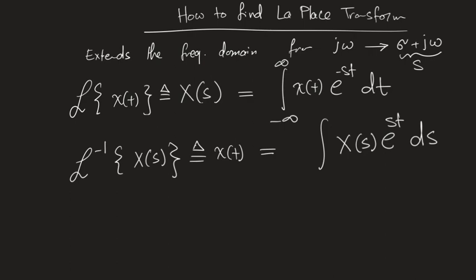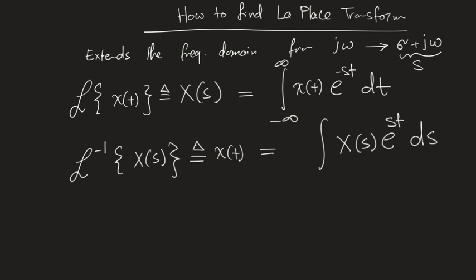Now the problem is our integration variable for the first time here is a complex number. All the integrations that we did for the Fourier, and even the integration that we did here for the Laplace calculation, we were integrating with respect to either t or omega, and all of these are real values, right? Now for the first time, we are integrating with respect to a complex s, which has a real and imaginary part.